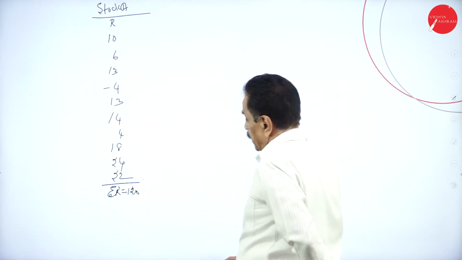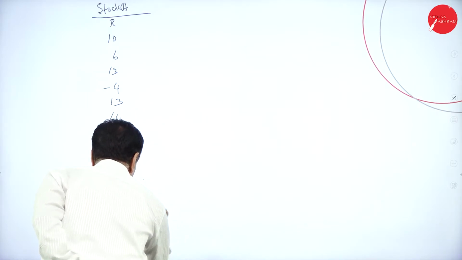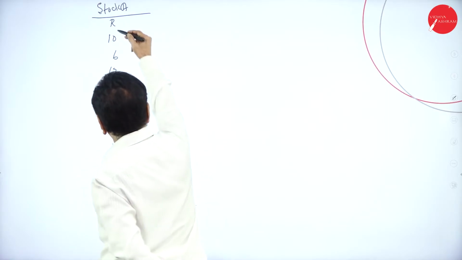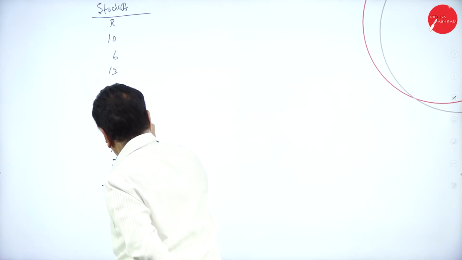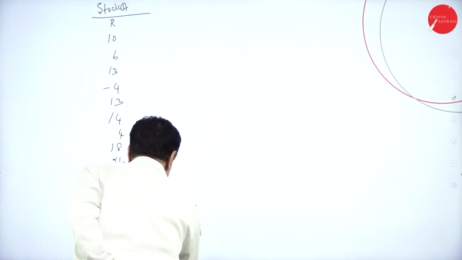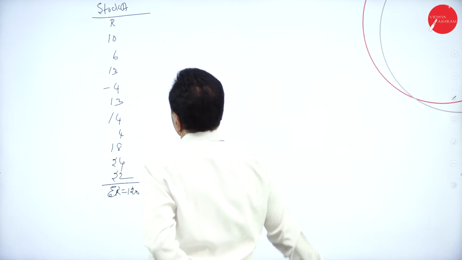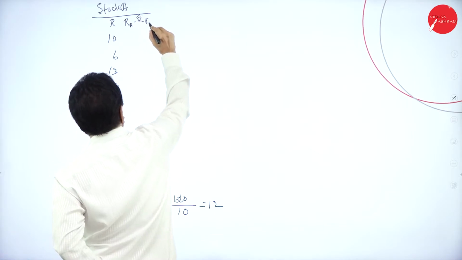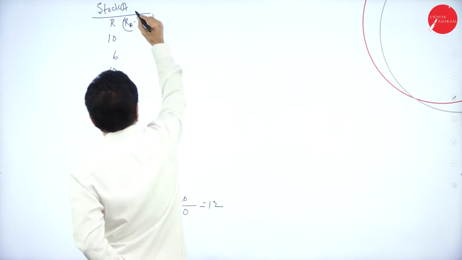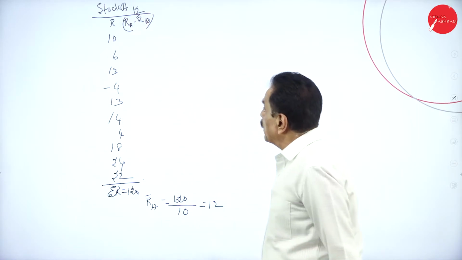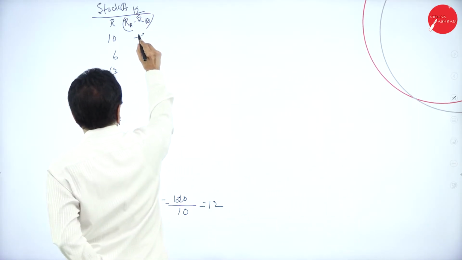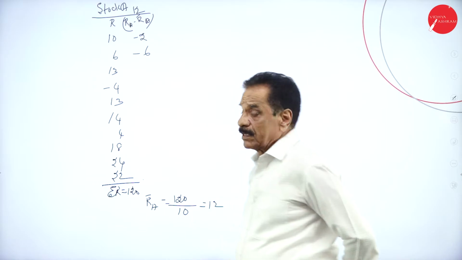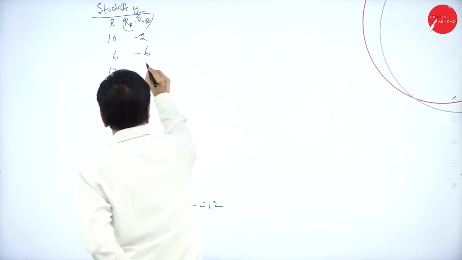Then R mean of A is 120 divided by the number of items. How many items are there? 1, 2, 3, 4, 5, 6, 7, 8, 9, 10. It is 12. Come back here. Take the R A minus R mean A. So take this from the 12. 10 minus 12 is minus 2. 6 minus 12 is minus 6. 13 minus 12 is 1.